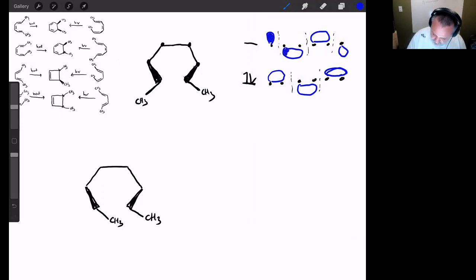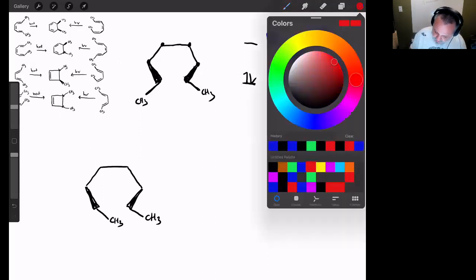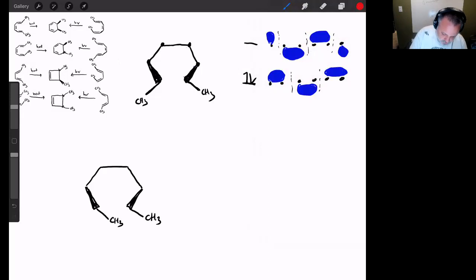Maybe I should just start with the bigger marker next time, filling in these full-color diagrams, because if you have the technology, it sure makes them pretty. Let's try this one. Yeah, that's looking pretty good.